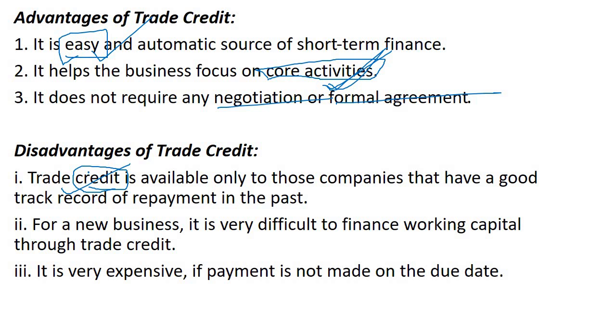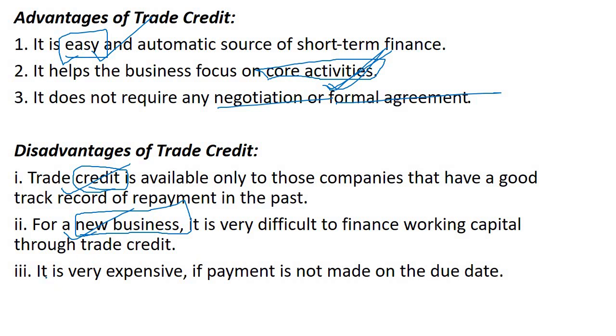For new businesses it is very difficult to source trade credit, because a new business does not have past data, and thus it becomes very difficult to establish a rapport between the supplier and itself for the purpose of trade credit.